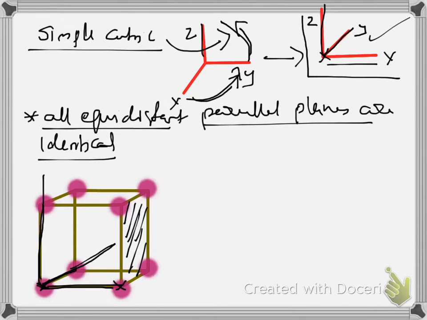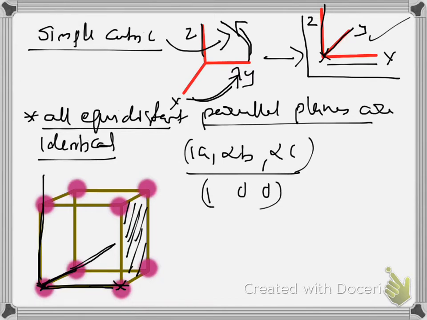So it has an intercept on the x-axis, but the intercept is infinity on the y and z axes. So it can be represented like this: 1a, infinity b, infinity c. Then we take the reciprocal and move to Miller indices. Then it becomes 1 by infinity, 0 and 0. So this plane is the 1 0 0 plane.